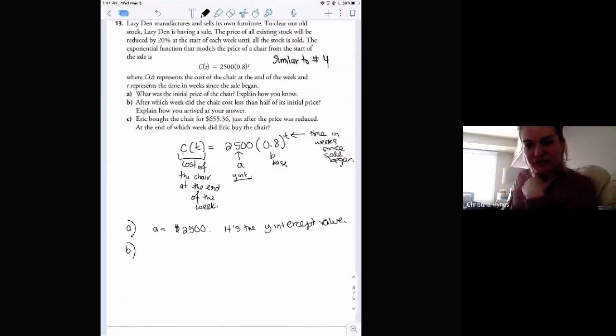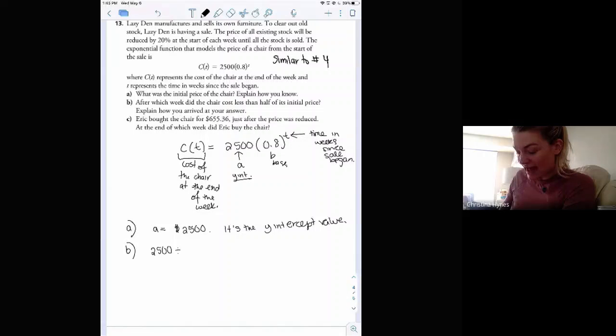We'll go to the one in your assignment just to compare and see if it's the same kind of idea. B, after which week did the chair cost less than half of its initial price? So we know initially the cost of the chair was $2,500. What you want is for it to cost less than half.